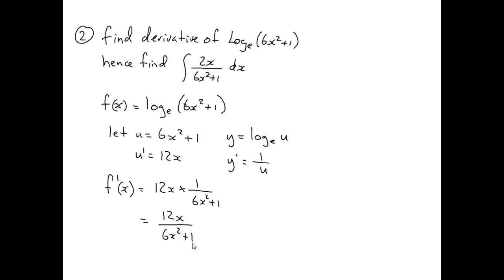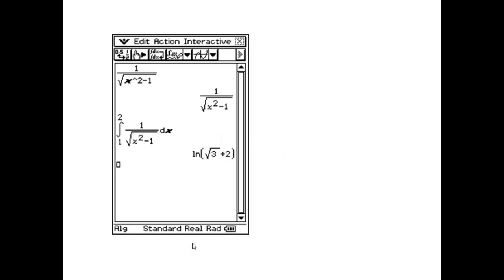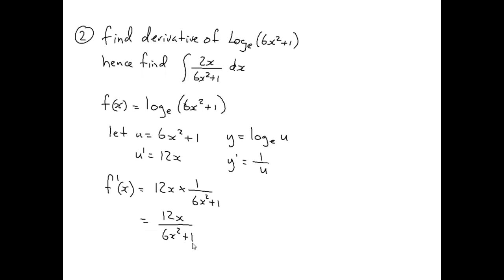Part 2 says, hence, find the antiderivative. I've run out of space on the page. So we want to find the antiderivative of 2x on 6x squared plus 1.